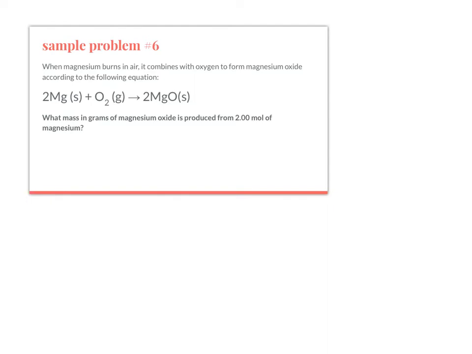So, doing basically the same thing, just with different reactions and different numbers. Same principle though. It says when magnesium burns in air, it combines with oxygen to form magnesium oxide, according to the following equation. I was nice and even gave you the balanced equation. Wow, I was feeling real generous here.